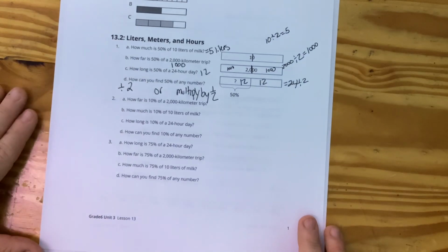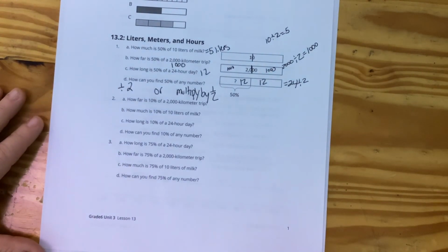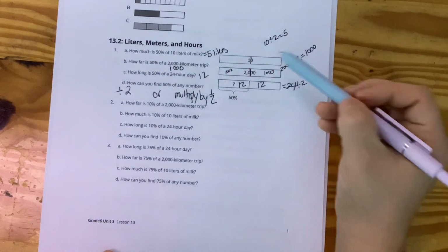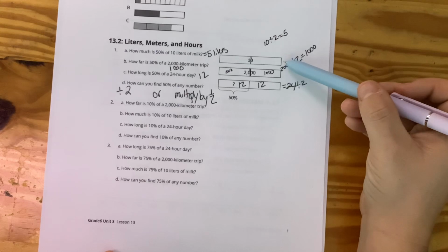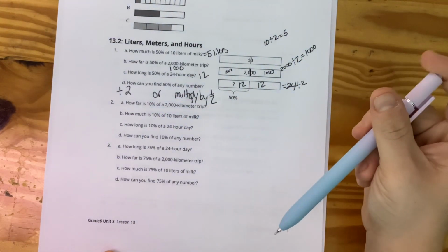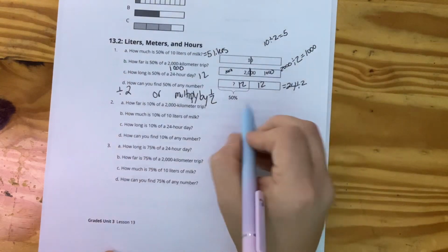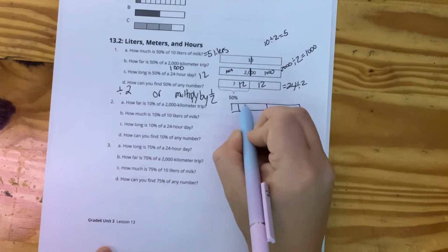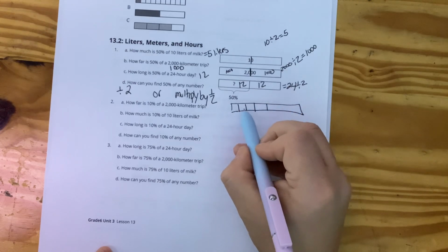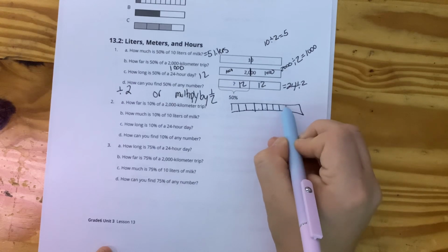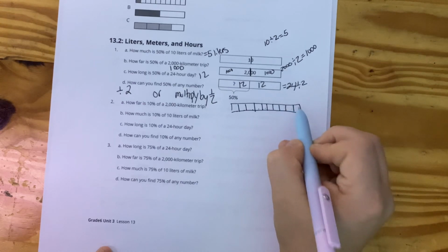Okay, so let's think about this looking at a group of 10%. So looking at that same tape diagram up here, this time though, we are looking at 10% of that. So for it to be 10%, I would have 10 groups in my tape diagram. 1, 2, 3, 4, 5, 6, 7, 8, 9, 10.